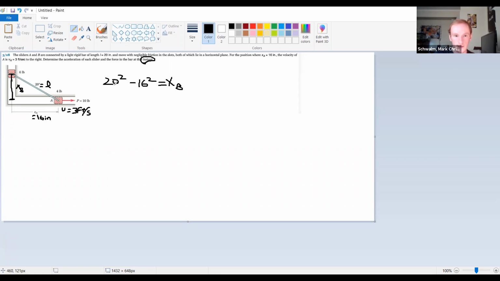Oh, and if you recognize these two, this makes a 3, 4, 5 triangle. So XB right here is going to be equal to 12. This is going to be the 4 side, 3 side, 5 side.